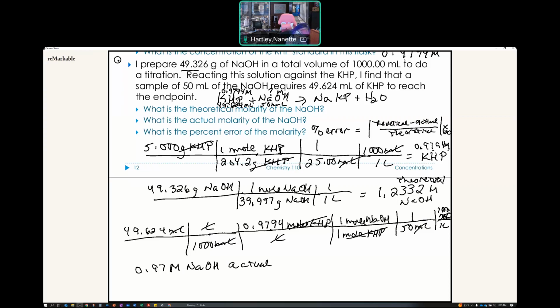I take percent error is equal to 1.2332 minus 0.97 over 1.2332 times 100.